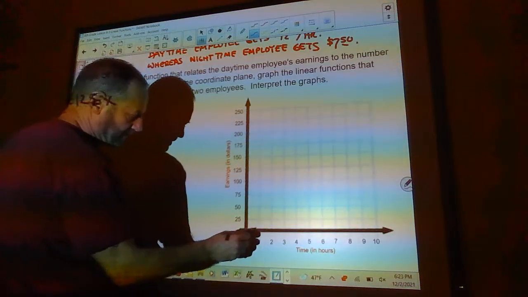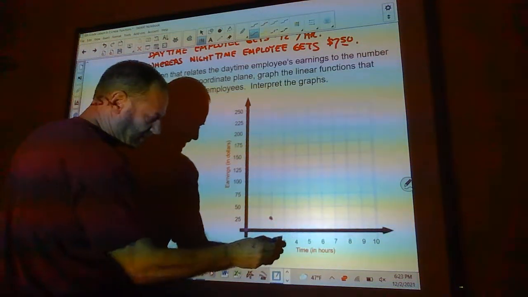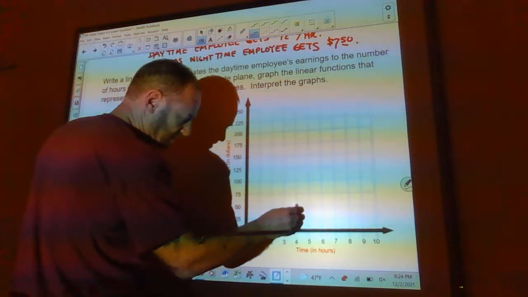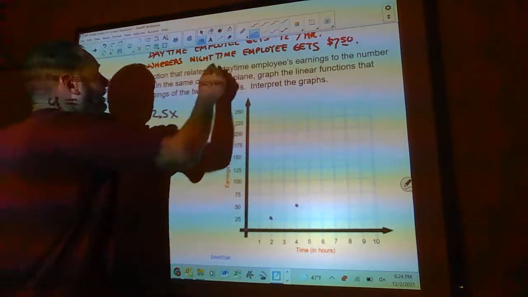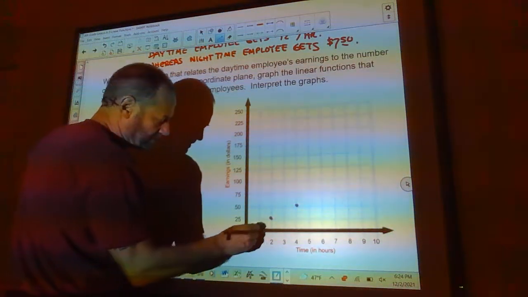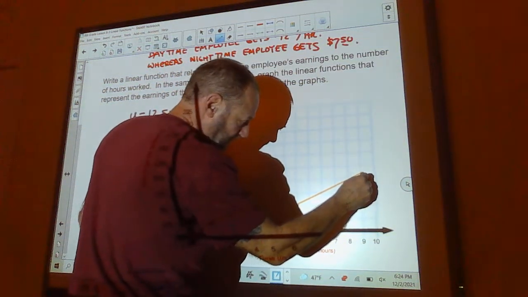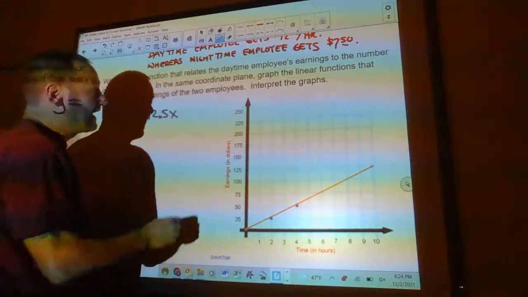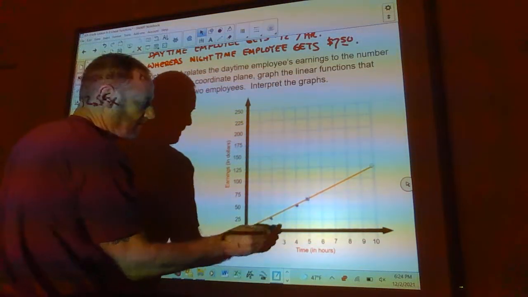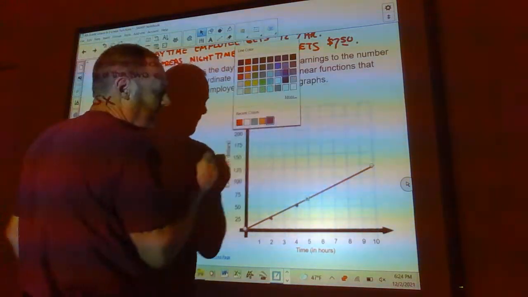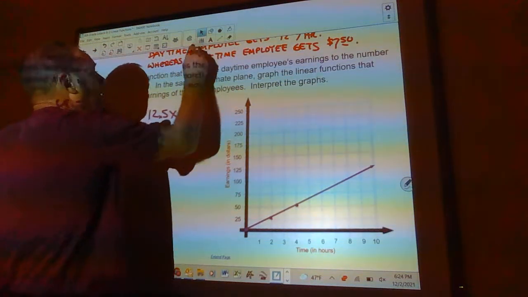And then at 2 hours, they'd be at $25, and at 4 hours, they would be at $50. And so they're going to have that equation right there. So that's the daytime employee.